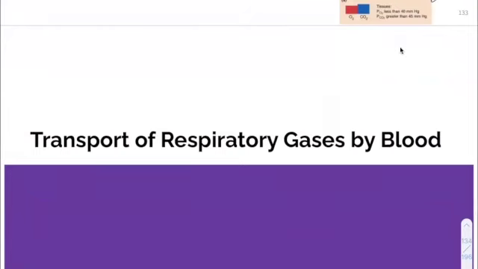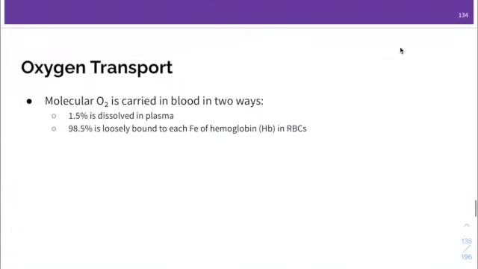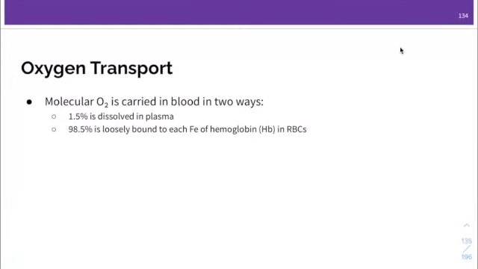So how does our blood transport these respiratory gases? Not all oxygen is carried by our red blood cells. Some of it flows freely in the plasma. Not a lot. About 1.5% is in plasma.